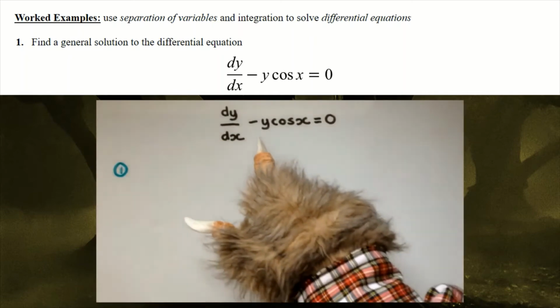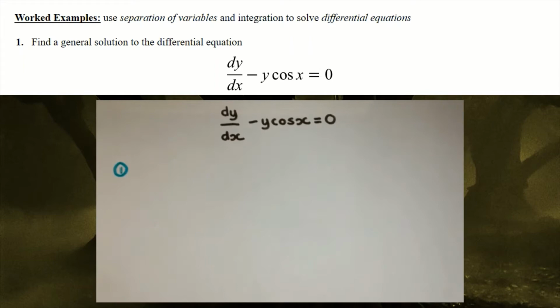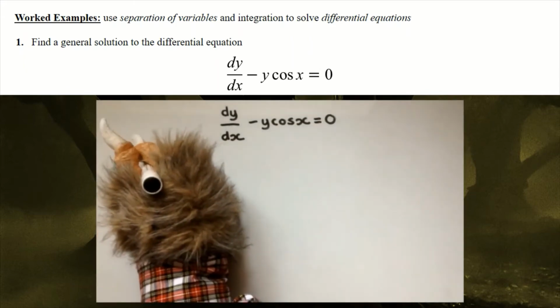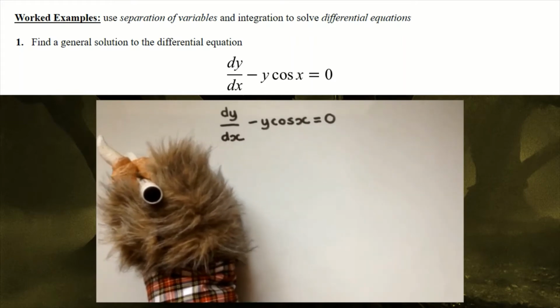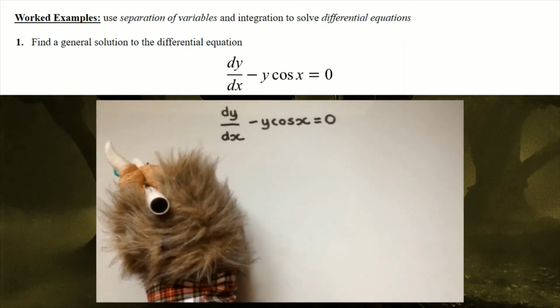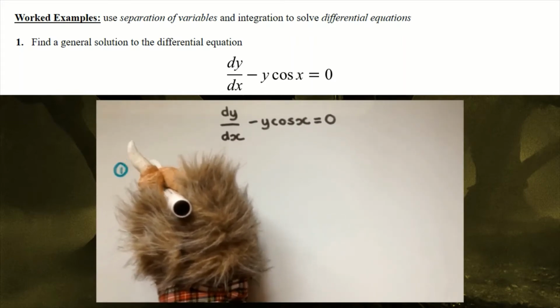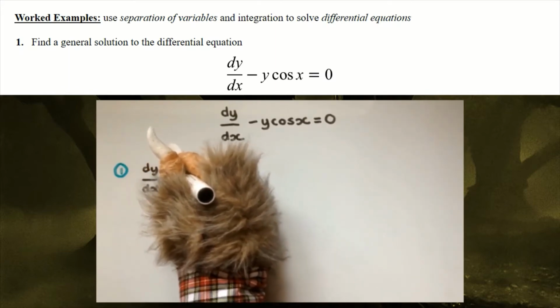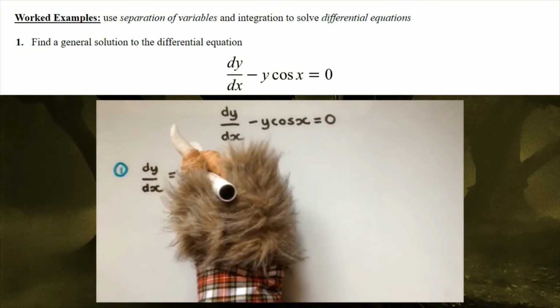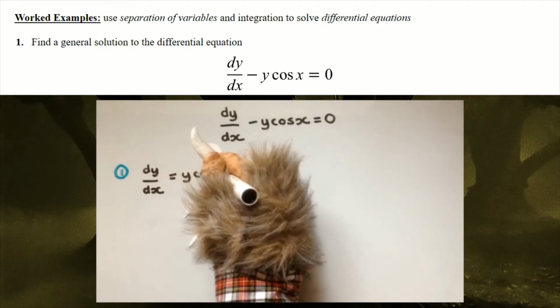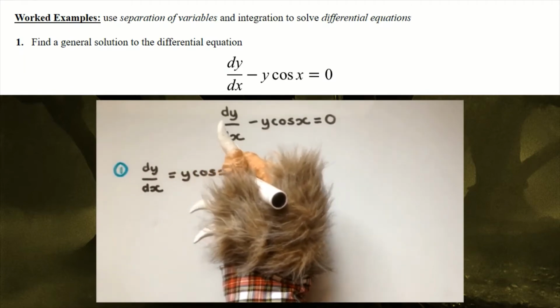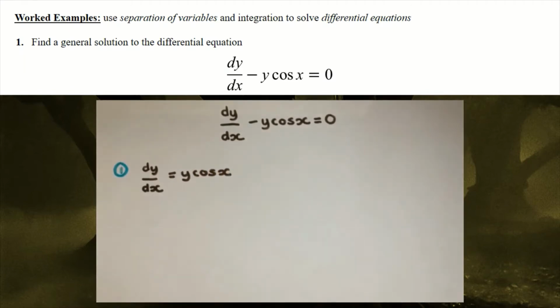Well, I need to add y cos x to both sides of this equation. So this will leave me with dy by dx is going to equal y cos x, like so.